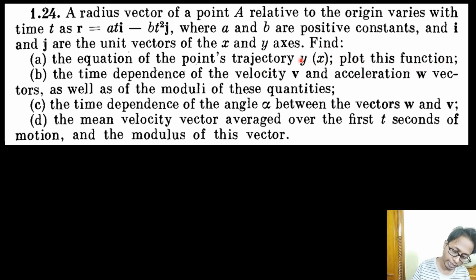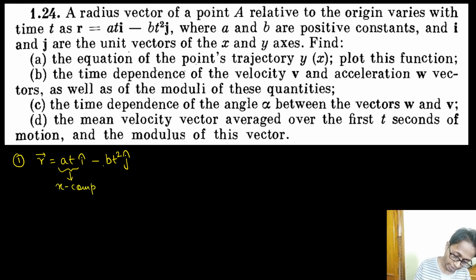So again we have to do the same thing. We have to make y a function of x and eliminate the parameter of time out here. So out here, see, r, or position vector, is equal to ati minus bt square j. So this is the x component of displacement, and this is the y component of displacement.